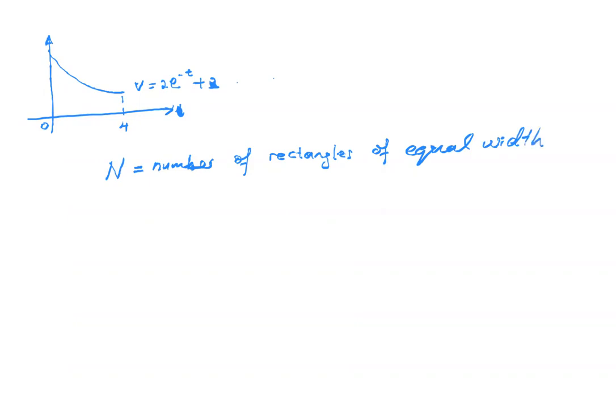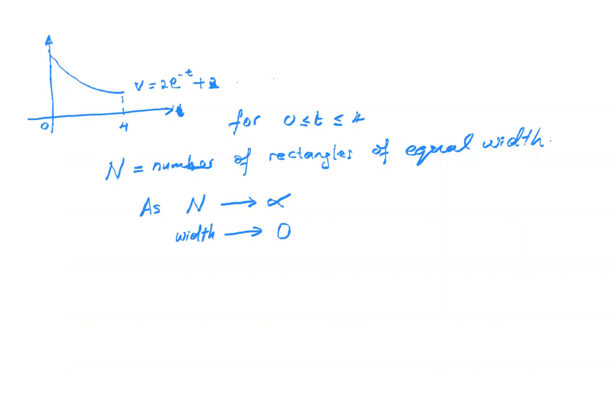Okay. So now we are going to talk about limit. As n approaches infinity, this one is for t between 0 and 4. What happened to the width? Good. The width will approach 0.